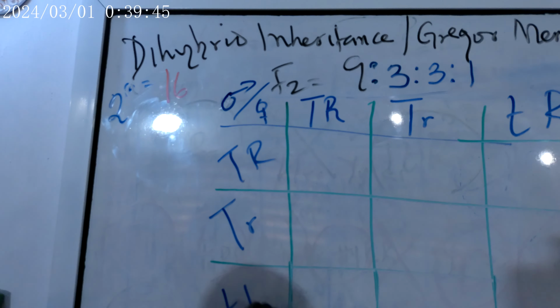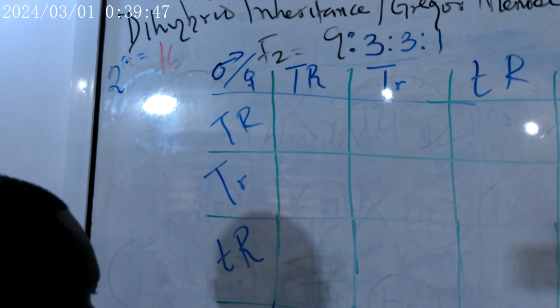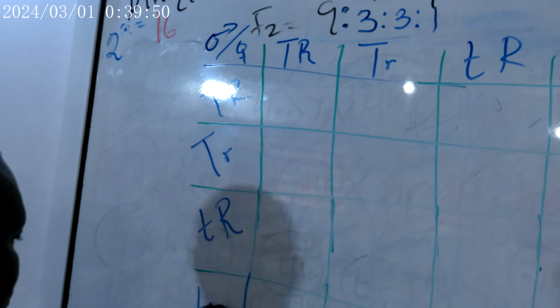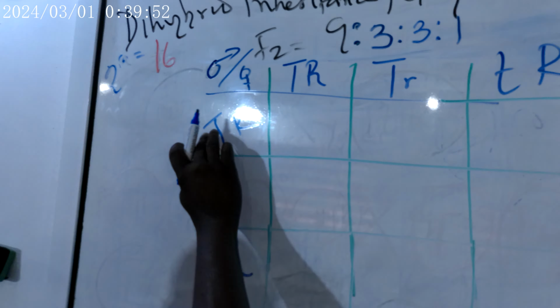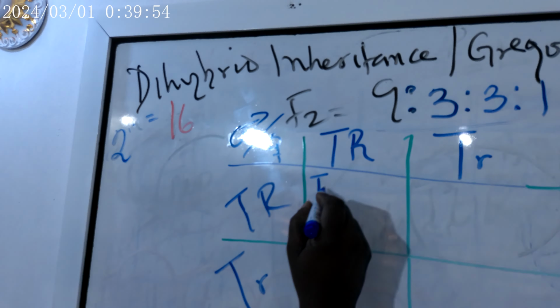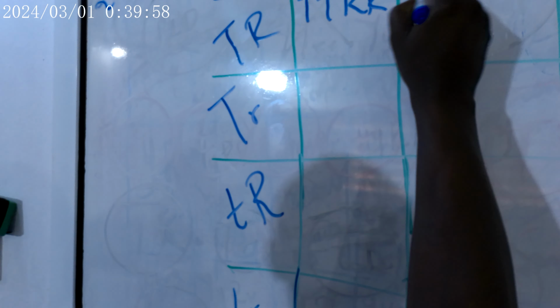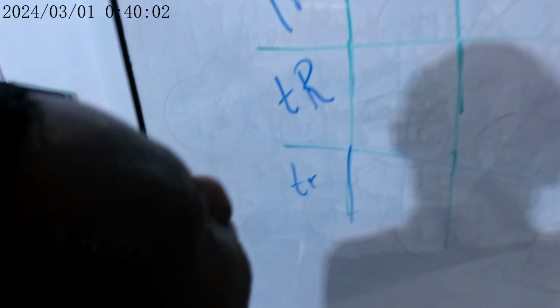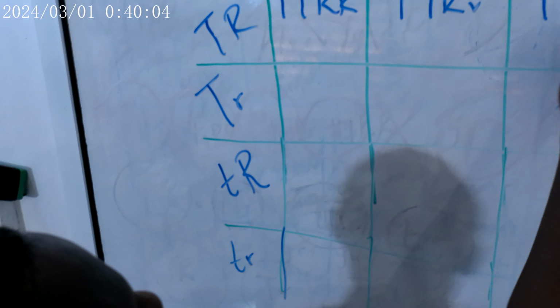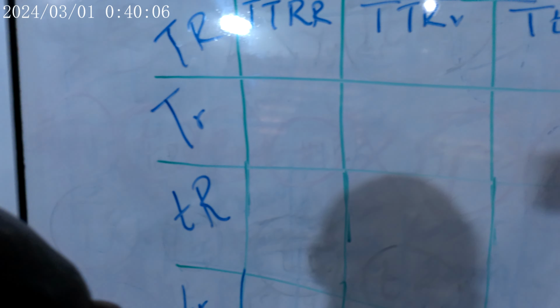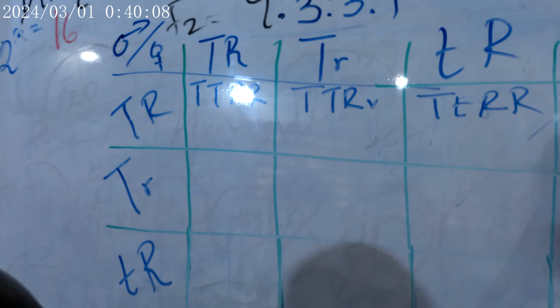You have to be cognizant of this, so that by the time you cross this with this, you have this.